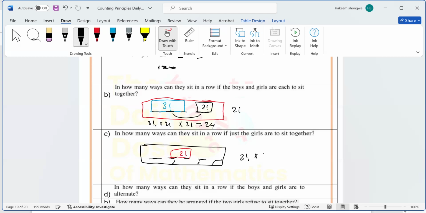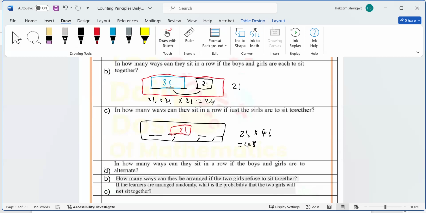Oh, it's 4 factorial, sorry. 4 factorial, yes. So what do you get? 2 times 4 factorial. It's 48. 48 ways.